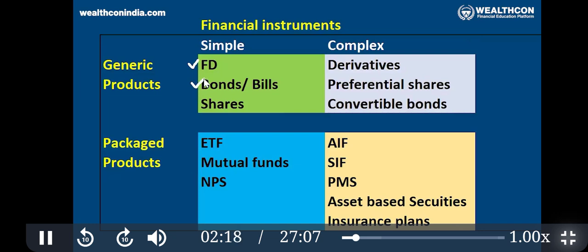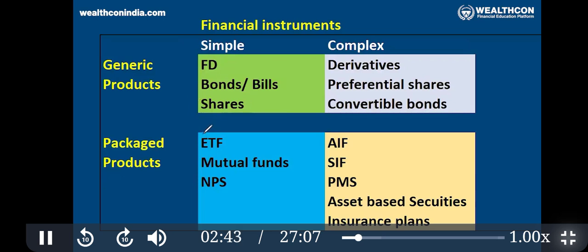Bonds can be government bonds or corporate bonds. Bonds are also called securities. Less than 1 year maturity is called bills, and more than 1 year maturity is bonds, and obviously shares. So these are the simple products and these are generic products.